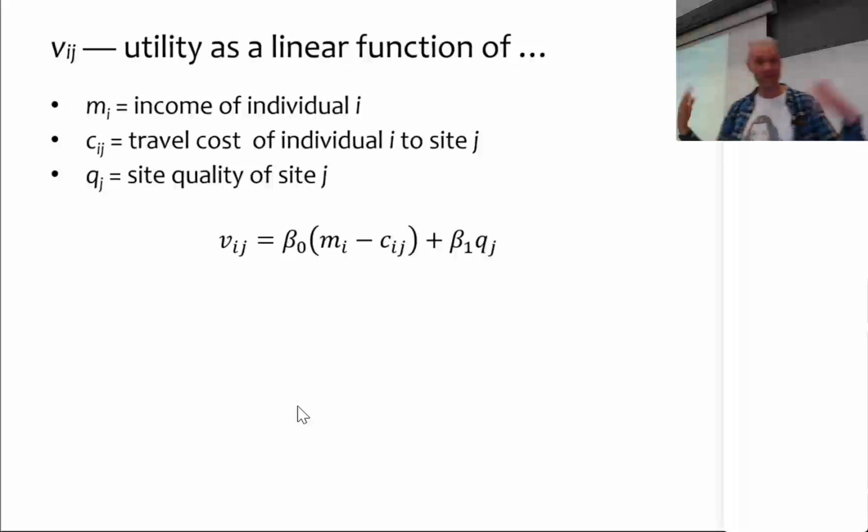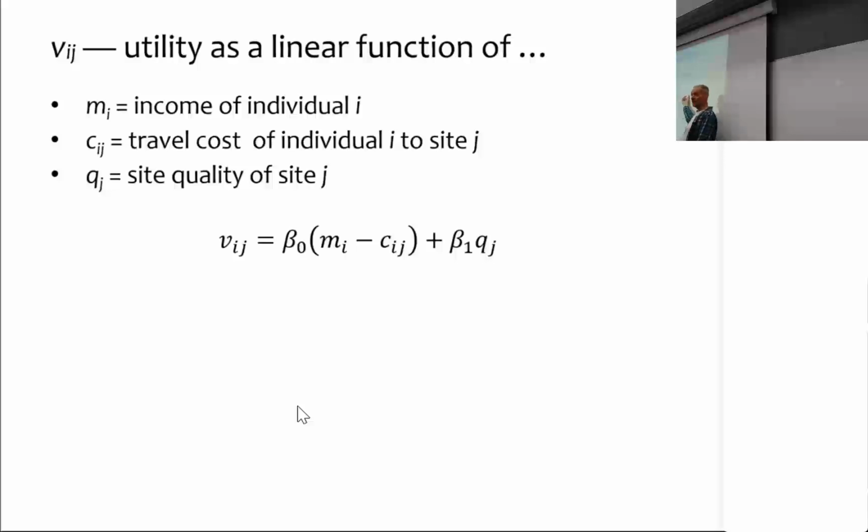And then we can write that deterministic component as a linear function of everything. In this case, it's the travel cost and the income of this particular person, but you can add whatever you want to this.